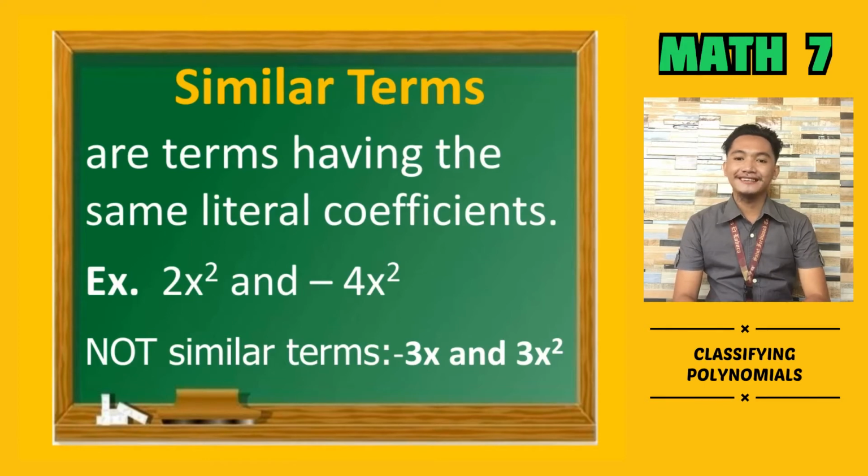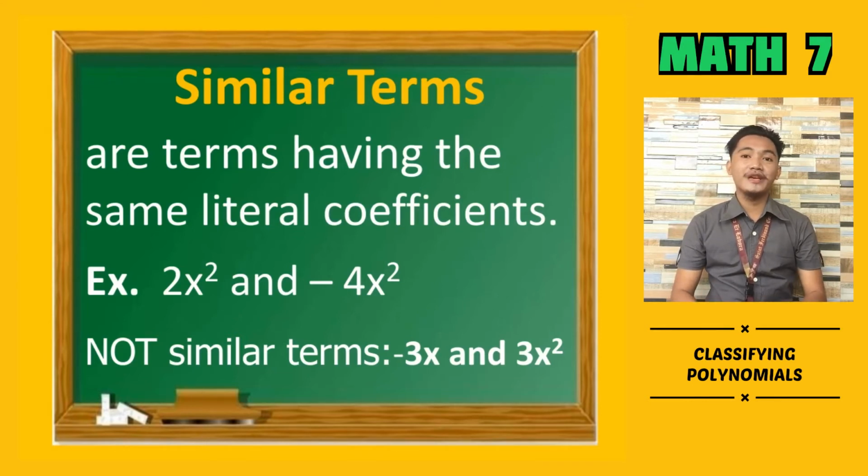Precisely, the literal coefficient of the term negative 3x is x. And the literal coefficient of the term 3x squared is x squared. Thus, x and x squared are not the same. So they are not similar terms.